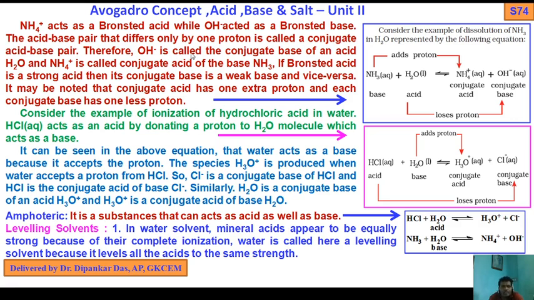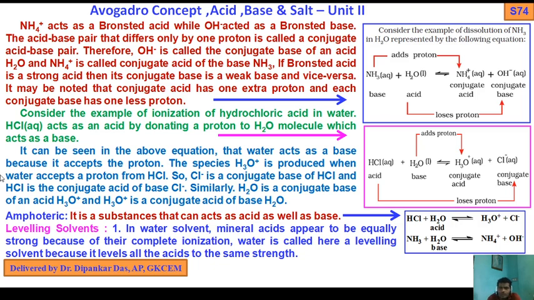Therefore, OH minus ion is called the conjugate base of the acid water, and the ammonium ion is called the conjugate acid of base ammonia. If a Bronsted acid is a strong acid, then its conjugate base is a weak base, and vice versa. It may be noted that a conjugate acid has an extra proton and each conjugate base has one less proton.